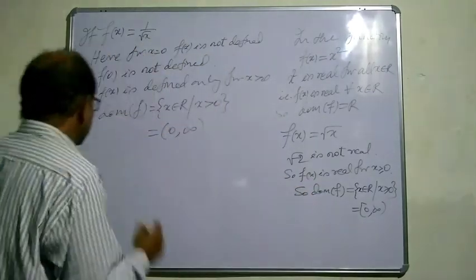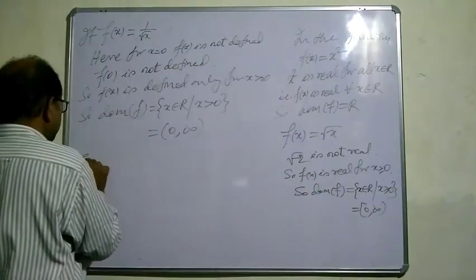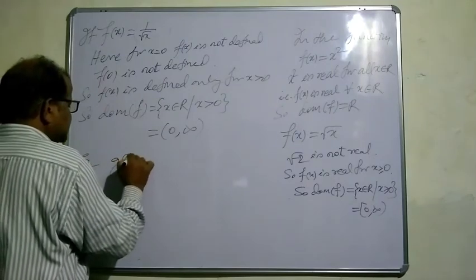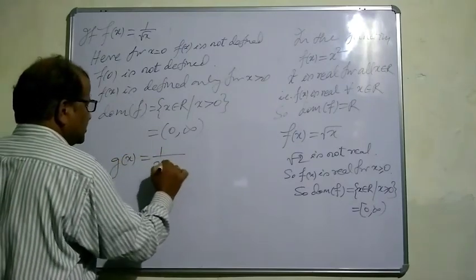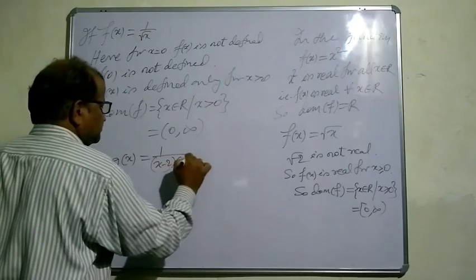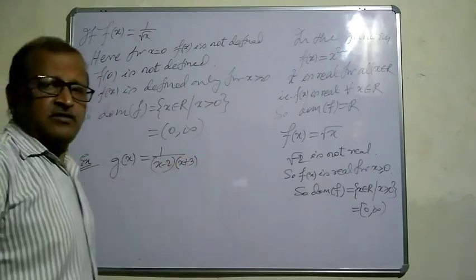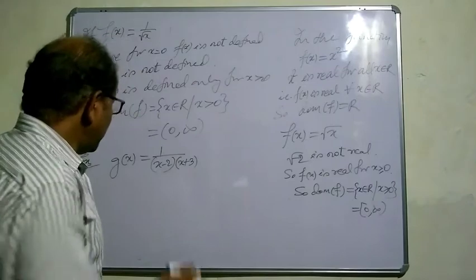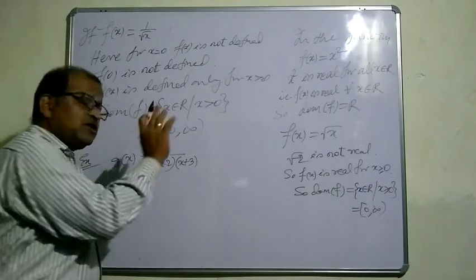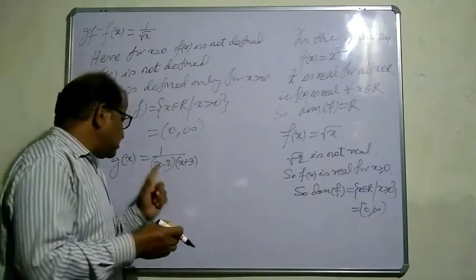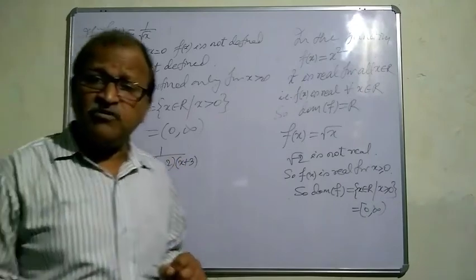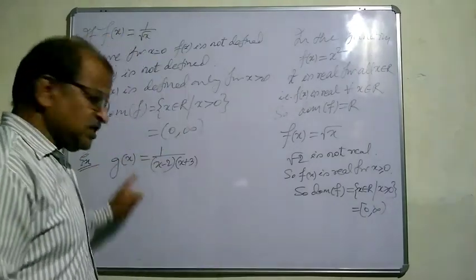If I take another example, say g(x) equal to 1 by (x minus 2) into (x plus 3). You see, for every real value of x, you will get the corresponding value of g(x).